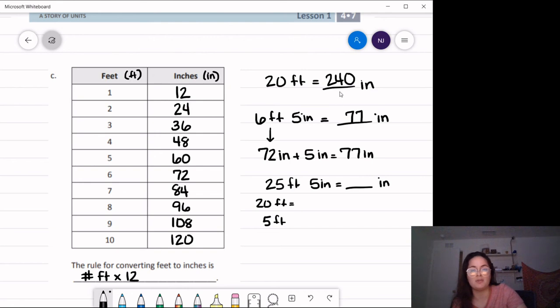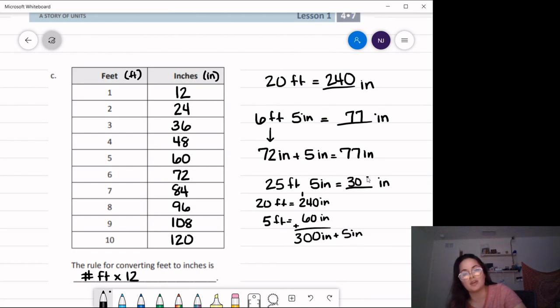So 20 feet we found out is equal to 240 inches. 5 feet, according to our chart, is equal to 60 inches. So we would add 240 inches plus 60, and that would give me 300 inches, but I can't forget to add it on to the 5 that I already have, which would give me 305 inches.